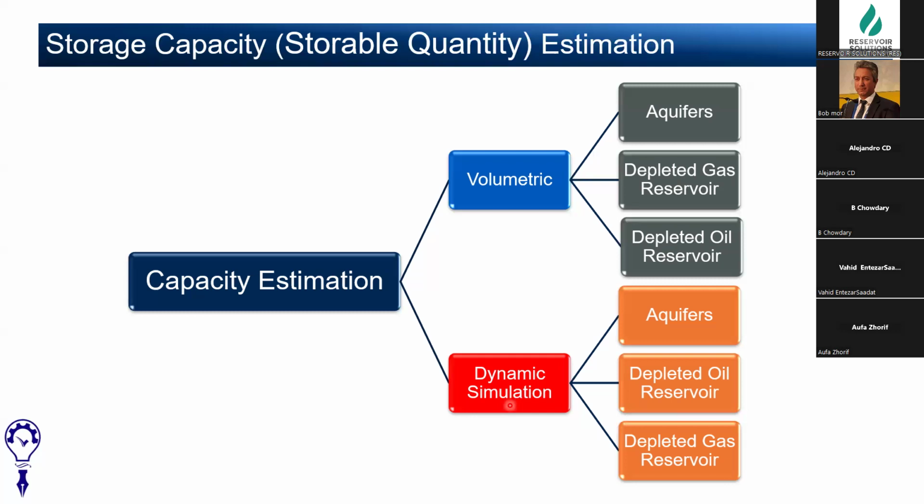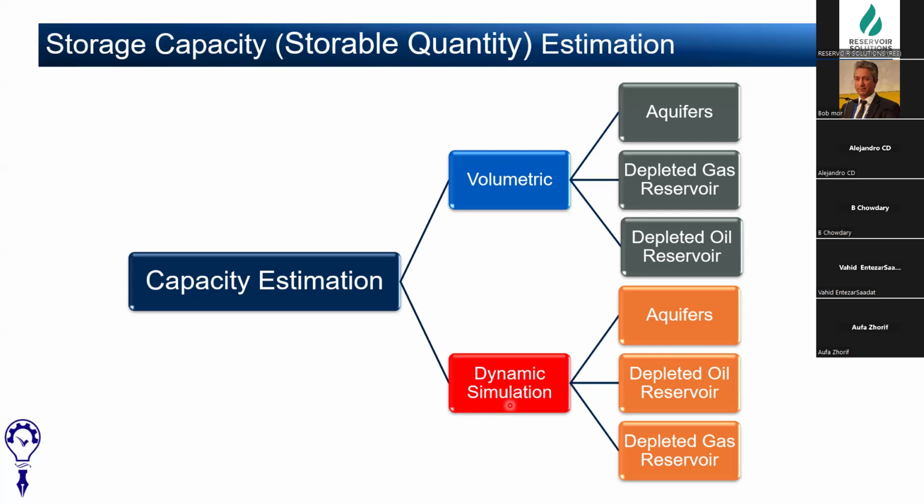In dynamic simulation, we need to use some commercial software like Eclipse, CMG, or tNavigator, and so on. We have lots of commercial dynamic simulators that we can use for finding and estimating the CO2 capacity. But we need to consider that we need to have different keywords, for example, when using tNavigator or Eclipse to find the CO2 capacity in aquifers, in depleted oil reservoirs, or depleted gas reservoirs.